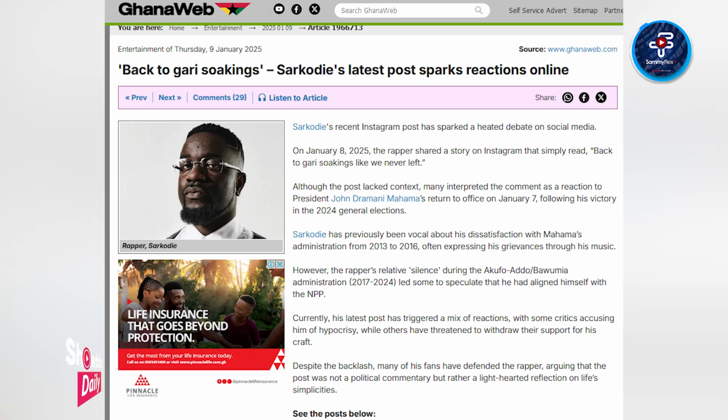Sarkodie has previously been vocal about his dissatisfaction with Mahama's administration from 2013 to 2016, often expressing his grievances through his music. However, the rapper's relative silence during the Akufo-Addo administration from 2017 to 2024 led some to speculate that he had aligned himself with the NPP.